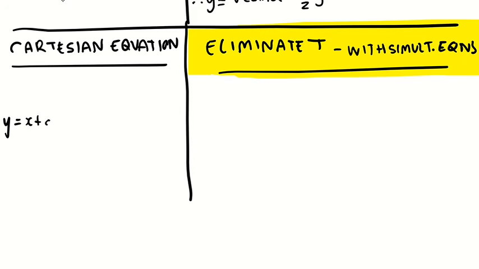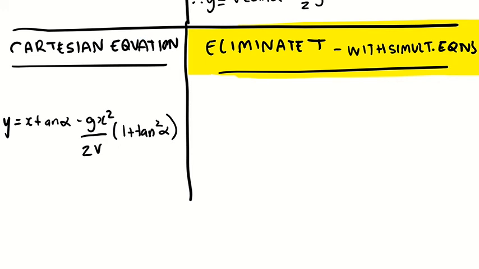y equals x tan alpha minus gx squared on 2v squared lots of 1 plus tan squared alpha.